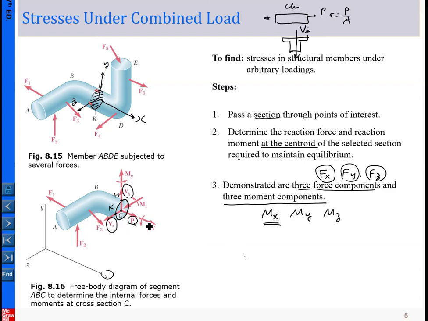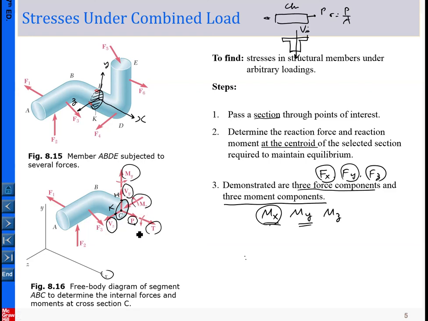The moment-like quantity about the x-axis, in terms of the selected section, is actually the torque, so we use the notation T here. The moment about the y direction is actually bending, so we use M in the y direction, and the moment in the z direction is similarly bending.